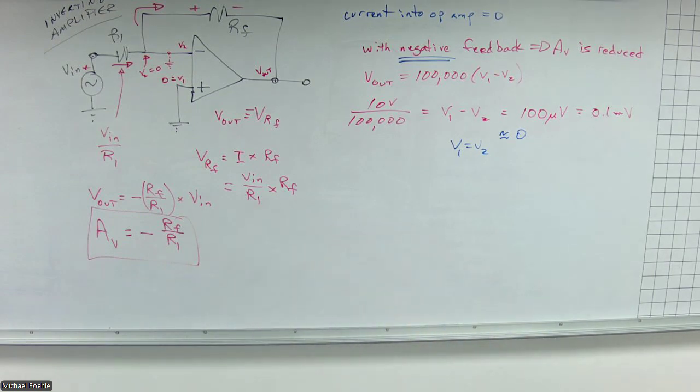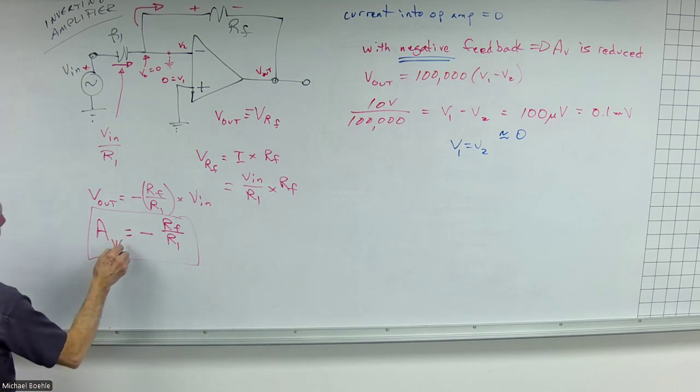AC or DC, no lower cutoff frequency, it doesn't matter. I put in a positive voltage, I'll get a negative voltage out. I put in a sine wave, I'll get a sine wave out, inverted, 180 degrees out of phase. And note what the voltage gain is. And by the way, I'm going to clarify this here.